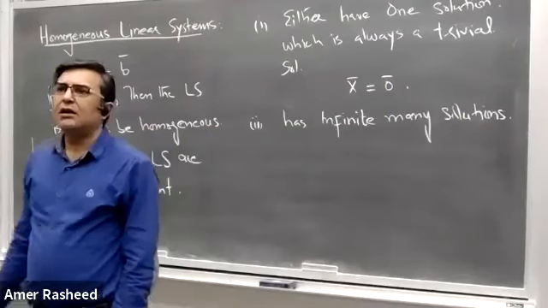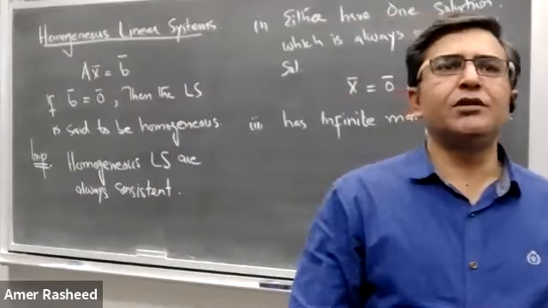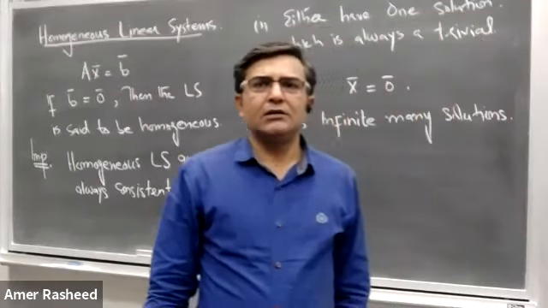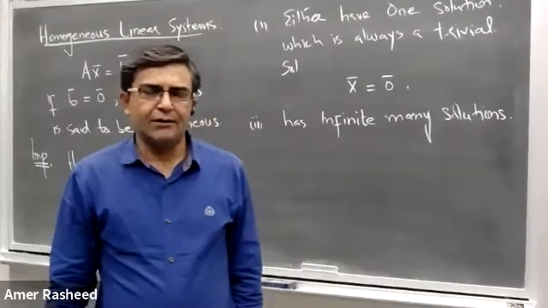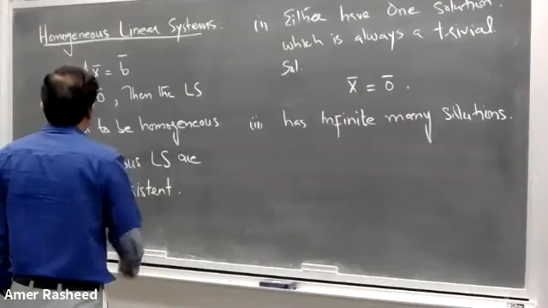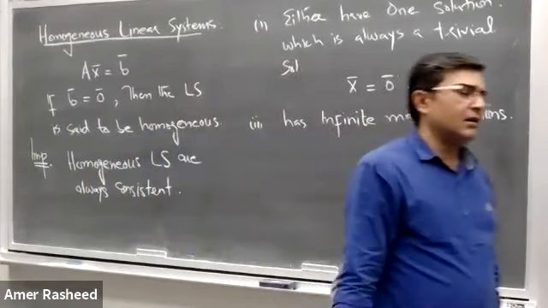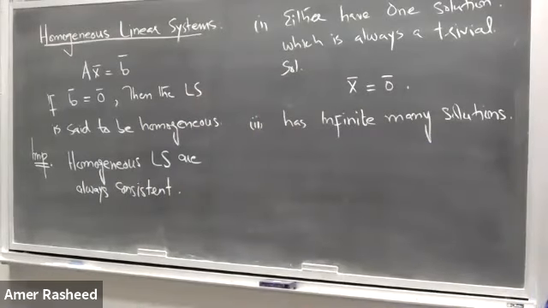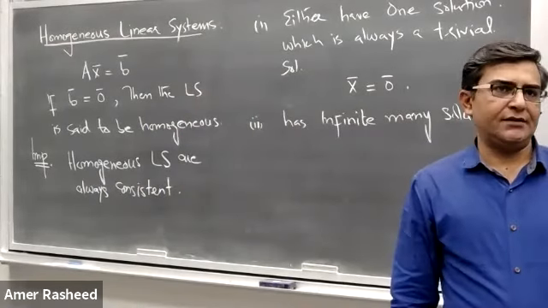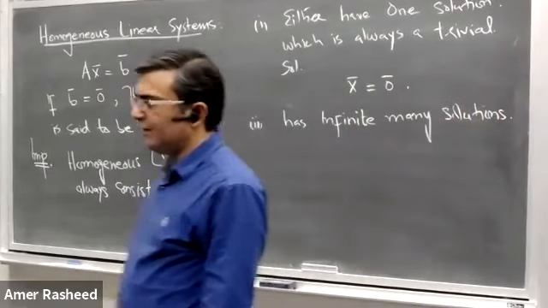Either they have a unique solution, which is the trivial solution, meaning the zero solution, or they have infinitely many solutions. Why can a homogeneous linear system not have the third possibility, that a solution does not exist? Can anyone tell me why that third possibility is not possible here?